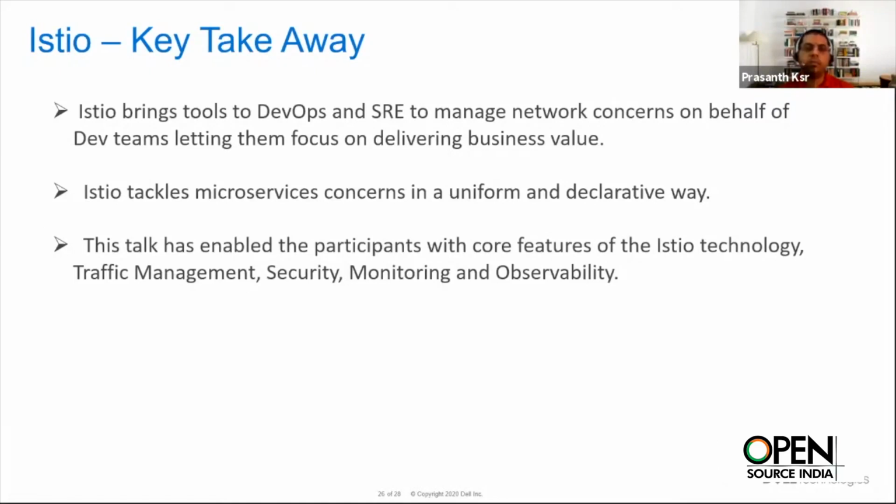If I have to summarize, Istio brings tools to DevOps and site reliability engineering teams to handle network concerns on behalf of developers, so that dev teams can focus on delivering business value. It tackles the concerns which microservices have in a uniform and declarative way.